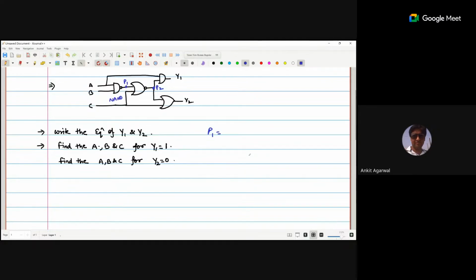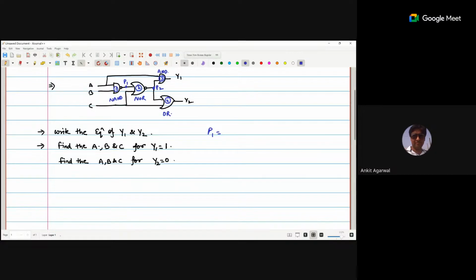This is gate one, two, three, and four. The second gate is a NOR gate. Gate three is a NAND gate, and gate four is an OR gate.